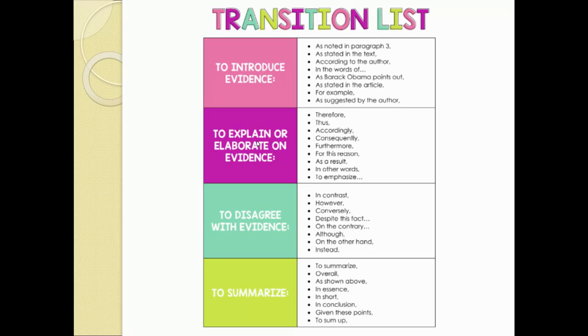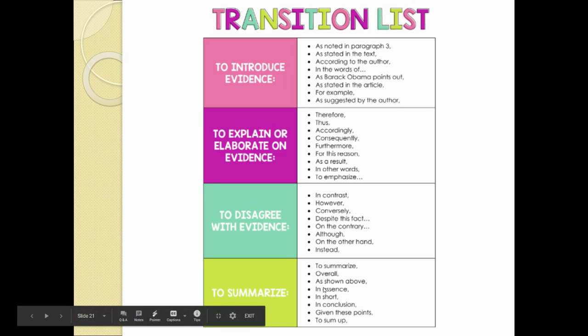So this is your commentary. So you might use furthermore, you might use as a result, you might use in other words. To disagree, here's the list: in contrast, however, despite, although. And then to summarize, overall, as shown above, in essence, in short, in conclusion. So these are transition words you can use in your essay.